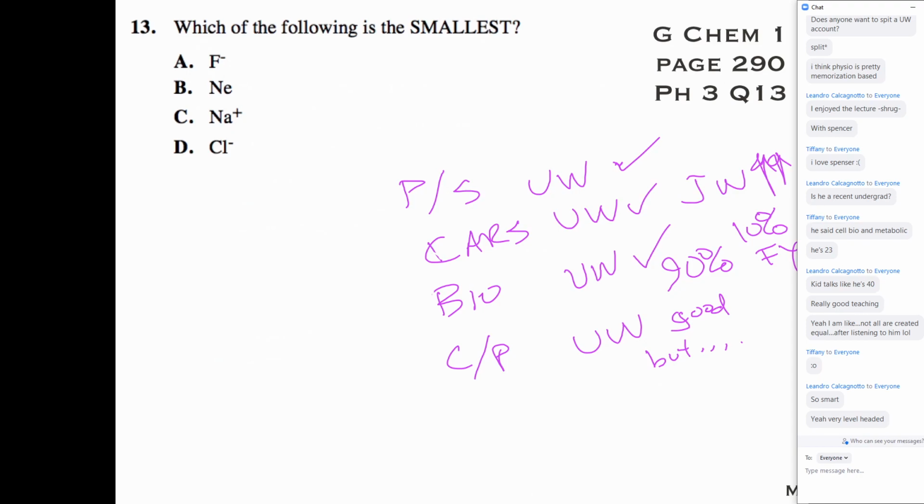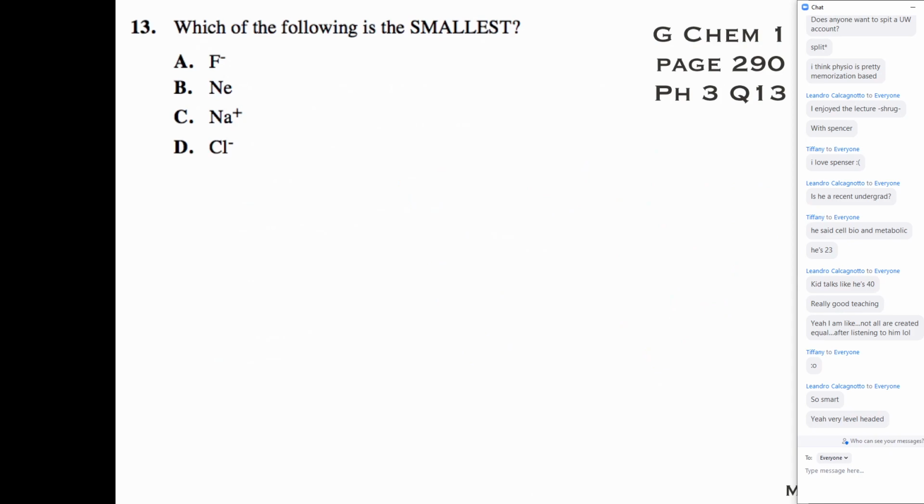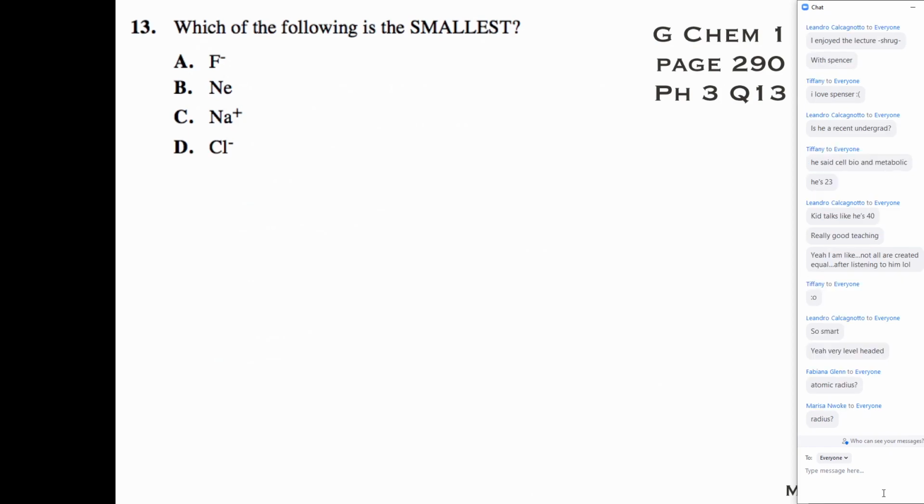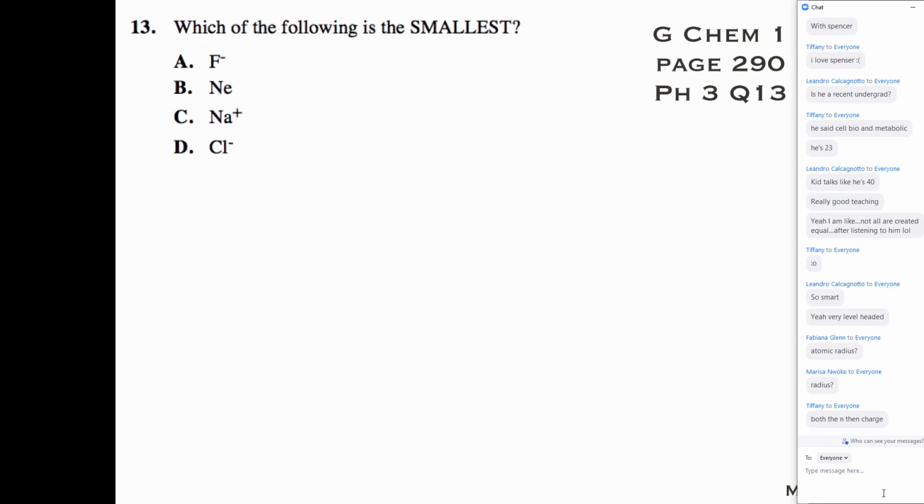Anyway, let me get rid of this and get back on track. Okay, so which of these is the smallest? I don't know, what would contribute to size? Perfect.